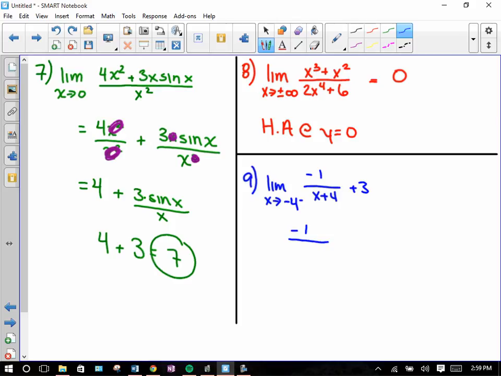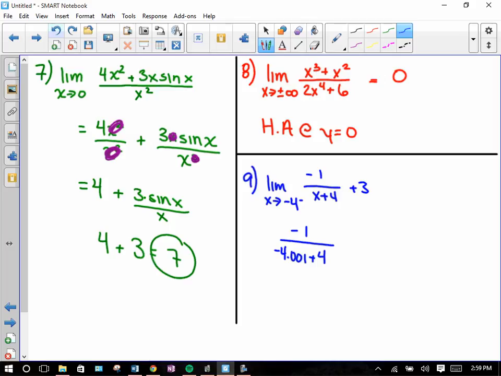Negative 1 divided by negative 4.00... You don't even care about the 3. I don't care about 3, because it's a constant and it's not effective.